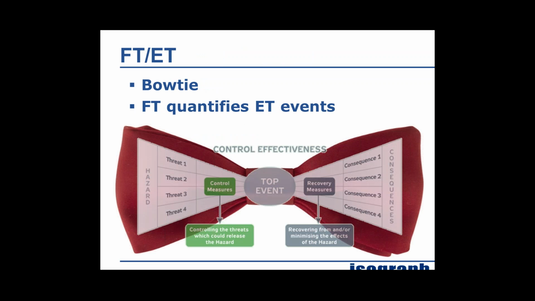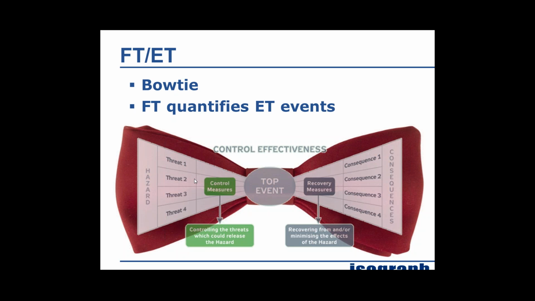Sometimes you see fault trees and event trees together referred to as bow tie events. That's because if you turn the fault tree on its side and attach it to the event tree, it kind of looks like a bow tie. Our top event is in the middle. To the left is the fault tree, where we look at our threats or the possible failures which could cause that top event, and these are basically our control measures.